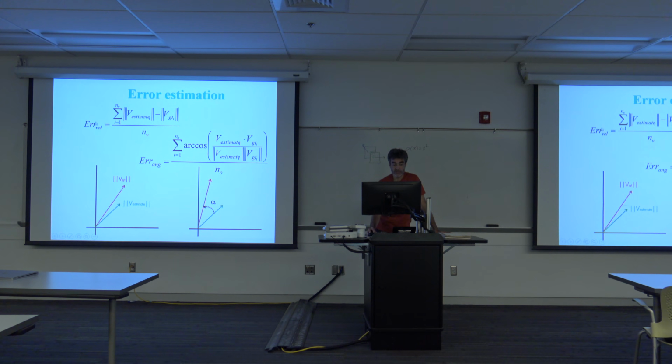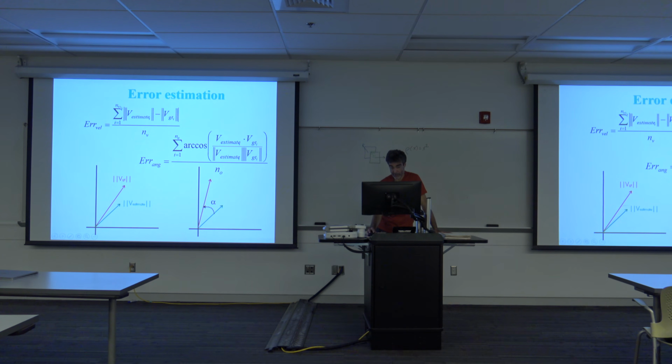So the vector of the ground truth, the true point correspondence: this pixel here corresponds to this pixel here. This is my vector, the red one. The magnitude of that vector, meaning the norm of that vector, is the norm of V GT. Now this is the vector that my algorithm has estimated, and let's call this V estimate. Now the norm of this is the norm of V estimate.